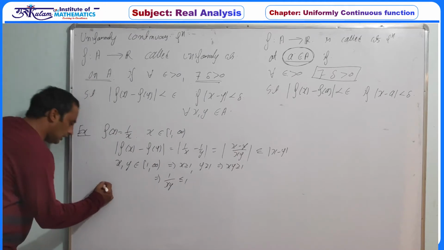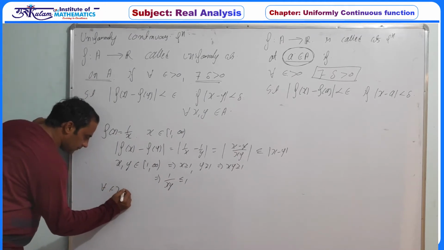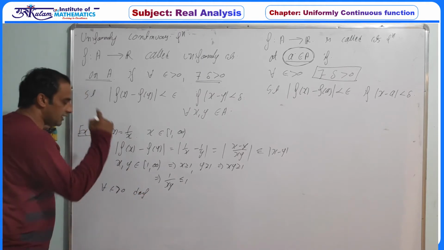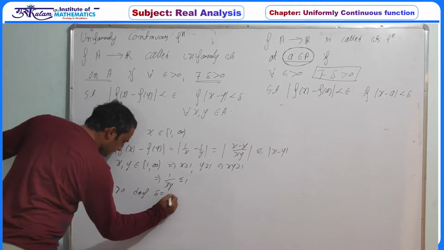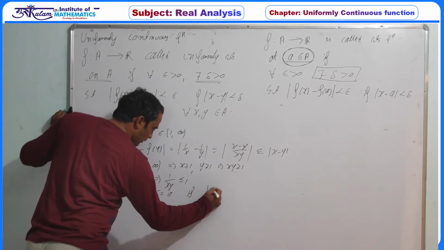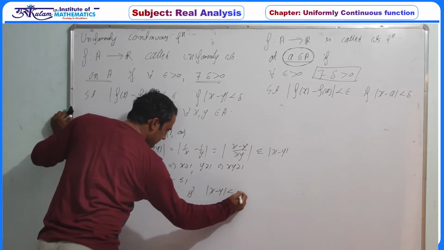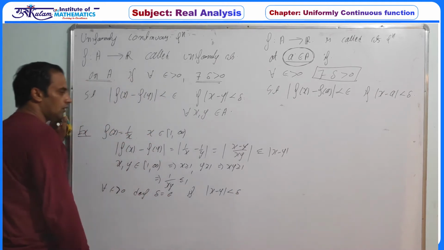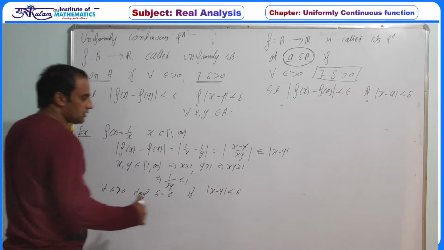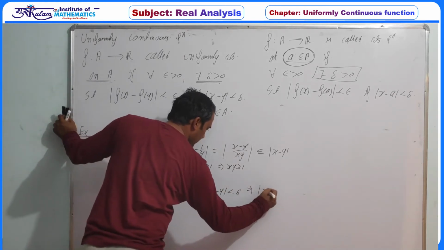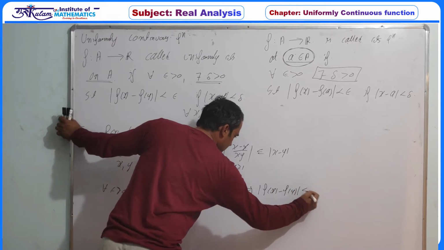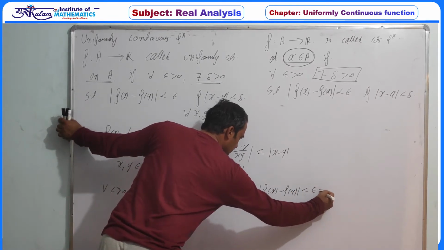Now for all epsilon greater than 0, we have to find the delta. So define delta equal to epsilon. Now if mod of x minus y is less than delta, then since mod of f(x) minus f(y) is less than or equal to mod of x minus y, this obviously implies mod of f(x) minus f(y) is less than epsilon, which is equal to delta.